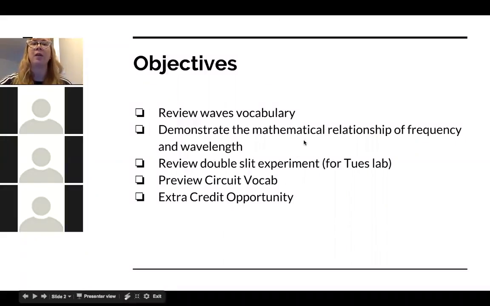We're going to look at a mathematical relationship between frequency and wavelength. We're going to review the double slit experiment, which is for tomorrow's lab. And we're going to preview circuit vocabulary, and we're going to talk about an extra credit opportunity. Sounds like a lot, but I promise this is only going to be about 30, maybe 40 minutes, depending. I'm not going to talk too much.